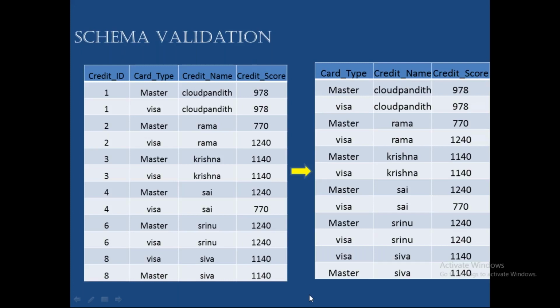So if you want to fail the execution whenever the schema has changed, here you have 4 columns, here you have 3 columns, the schema has changed. Now if you want to fail the execution, then you have an option called schema validation. You are going to use the schema validation for this.